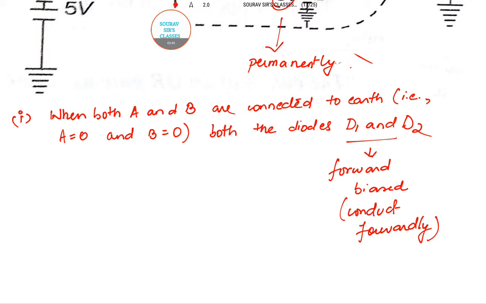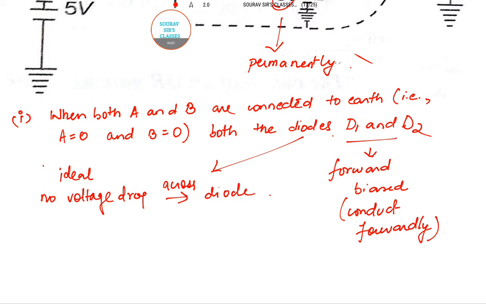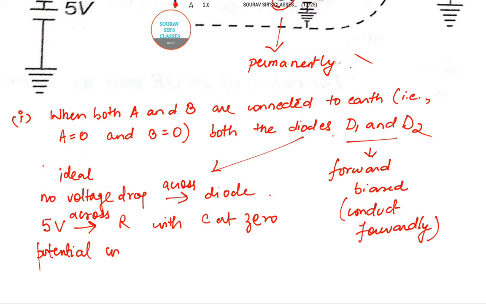Now, given the diodes are ideal, there is no voltage drop that takes place across either diode. Therefore, the voltage drop of 5V takes place across R, with C at 0 potential with respect to earth.